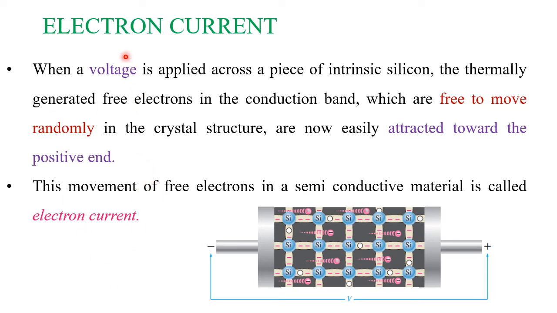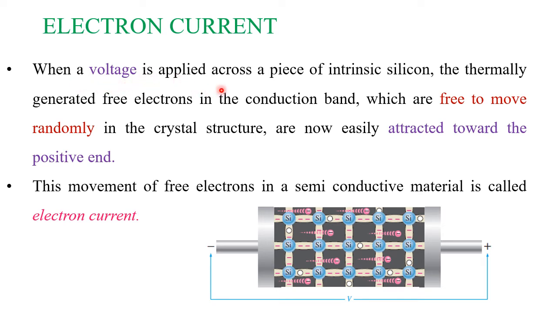Now we can state the two currents. One is the electron current and another one is the hole current. First, let's state the electron current. When a voltage is applied, voltage here means an external force. Instead of heat energy, now we are applying voltage.